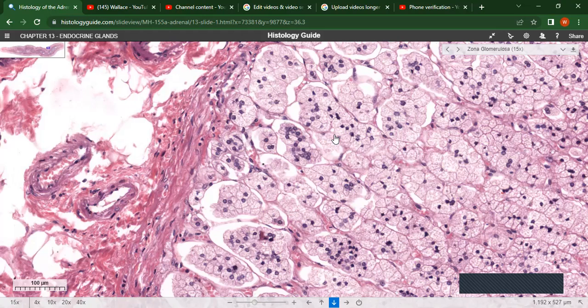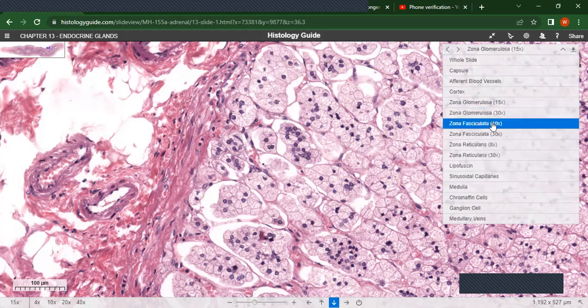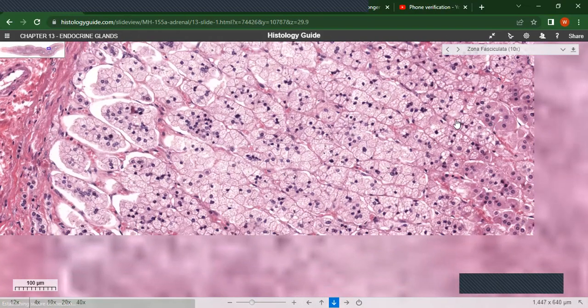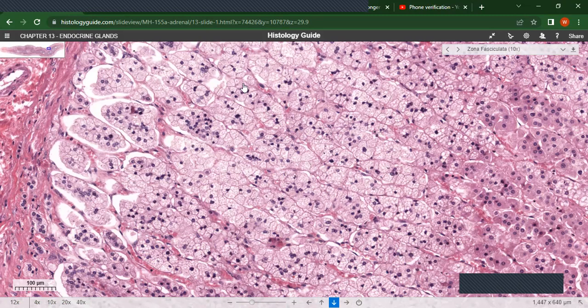So the next zone is the zona fasciculata. Let's say from somewhere here up to somewhere there. You can see the cells, they are arranged in columns.